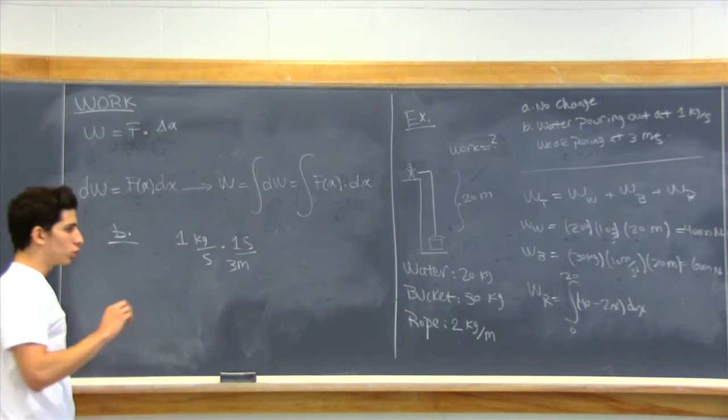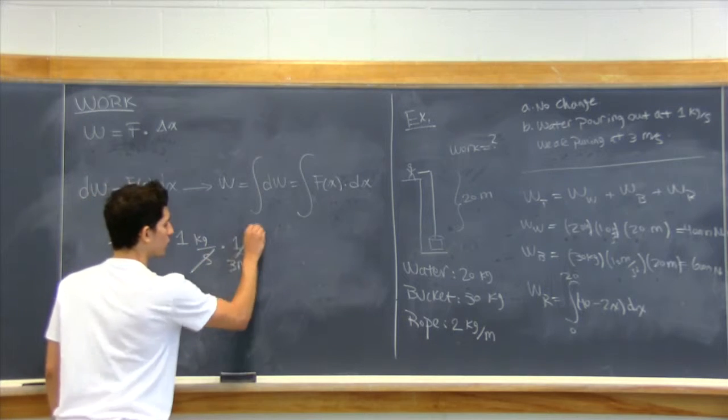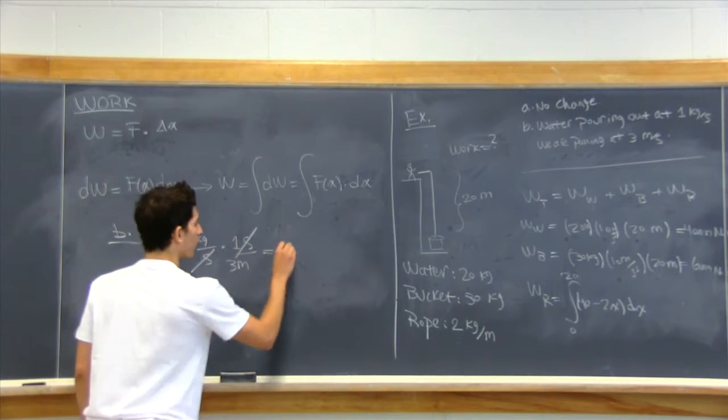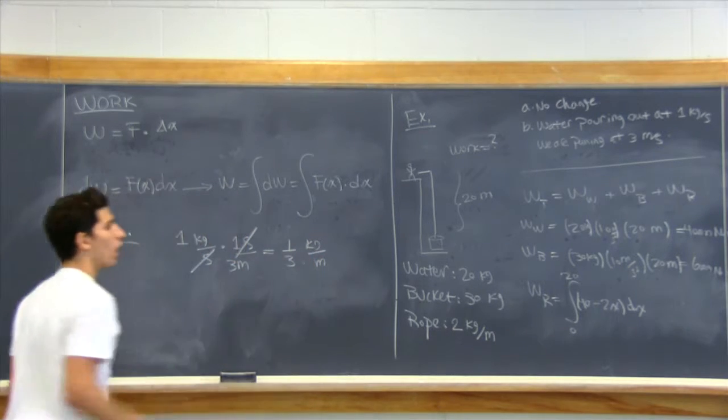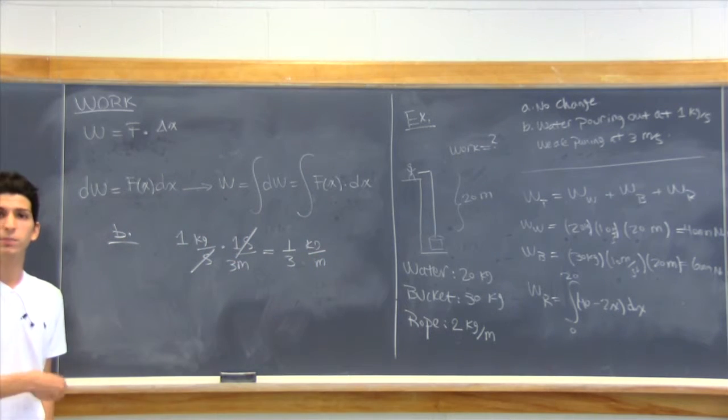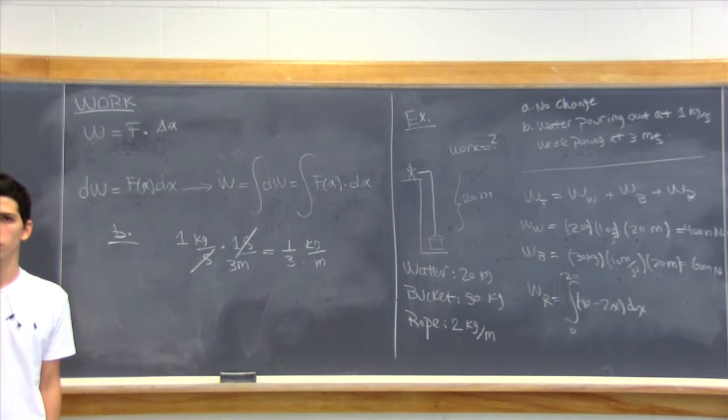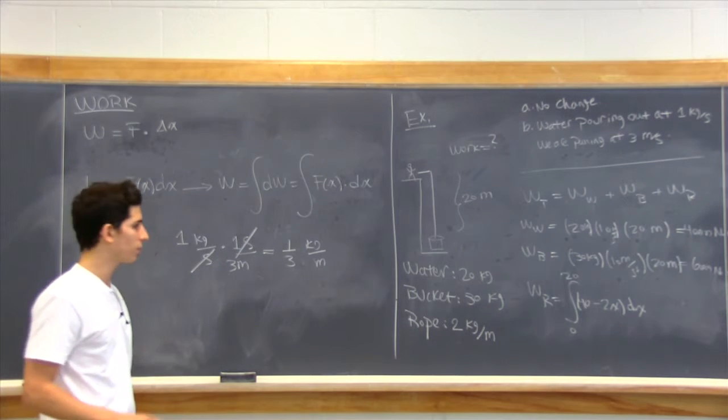So that leads me to believe that for every meter, 1/3 of a kilogram of water is poured out. Does that make sense?